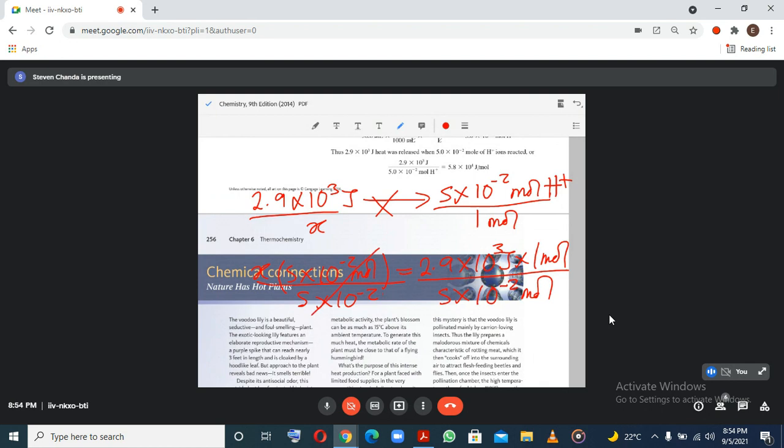But the take home message is that this is what they divided here, and so what they get is the amount of energy or the heat which will be produced by 1 mole of the hydrogen ions. Okay, so that's very very important.